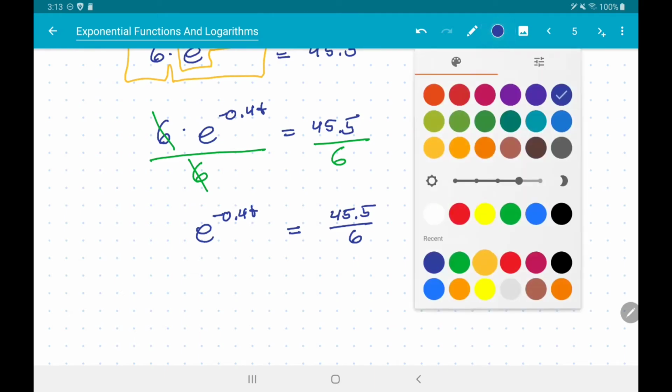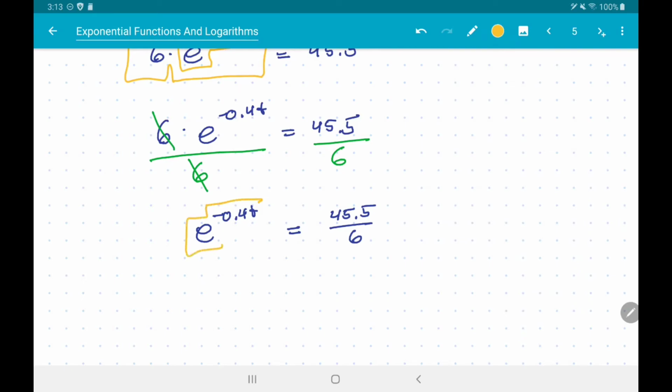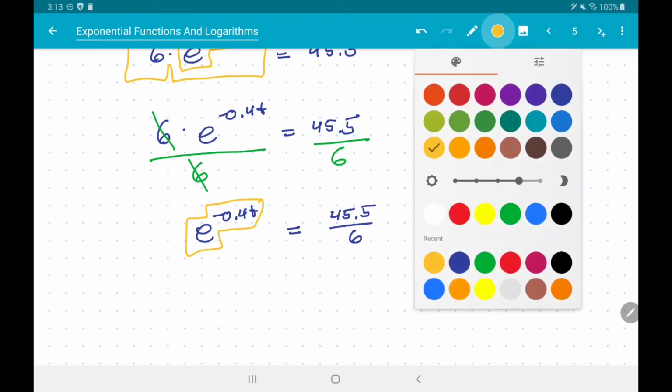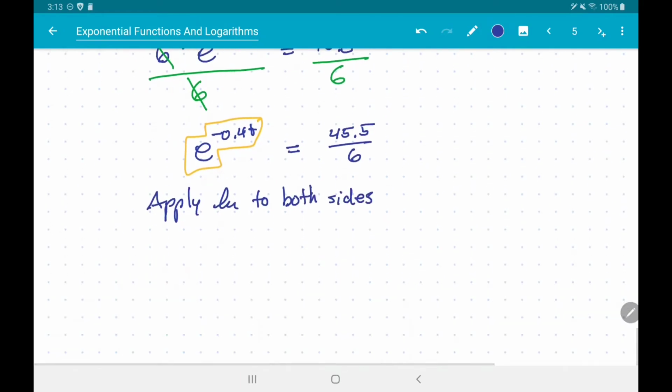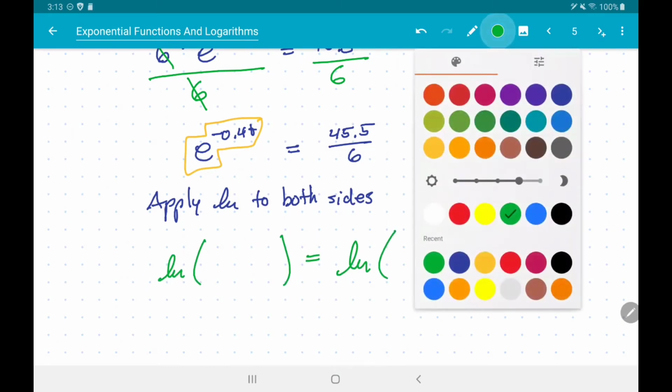Well, now the outermost operation on the left is indeed that exponential, e to a power. Now would be a good time to apply ln to both sides. Okay, so let's figure this out. I need ln of the left equals ln of the right.